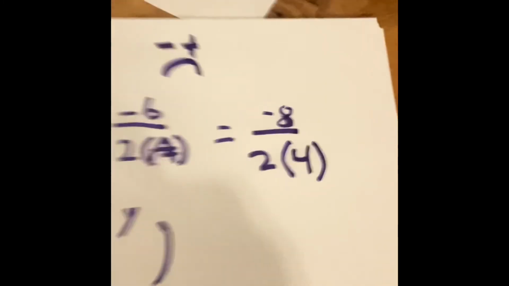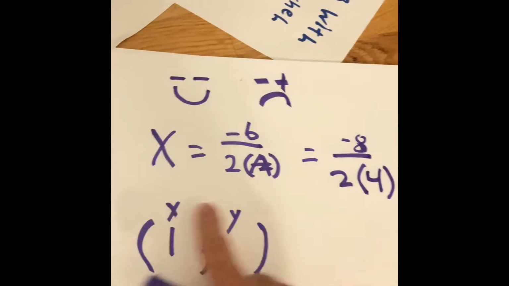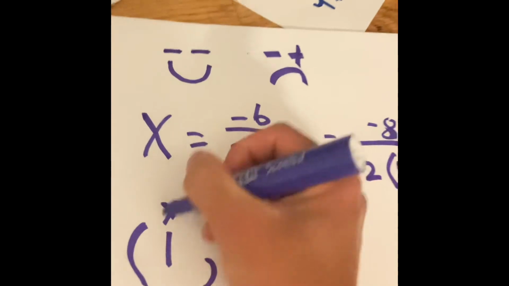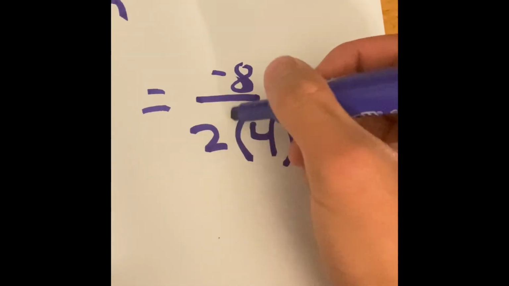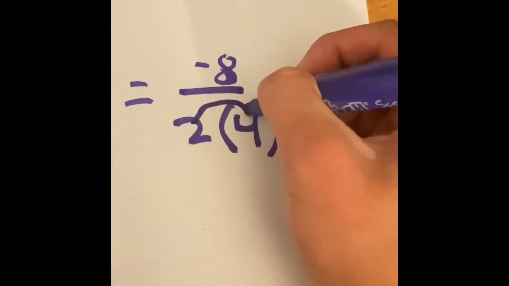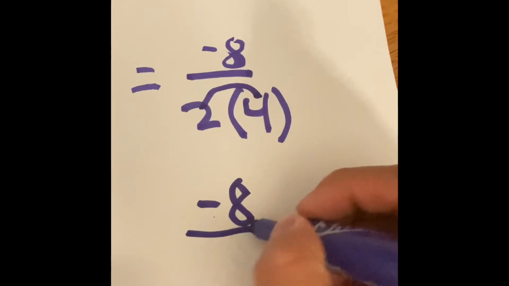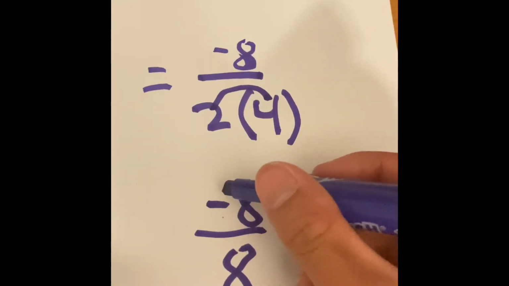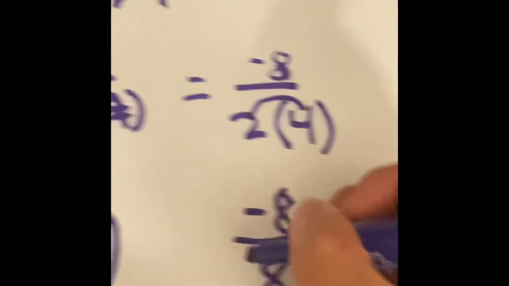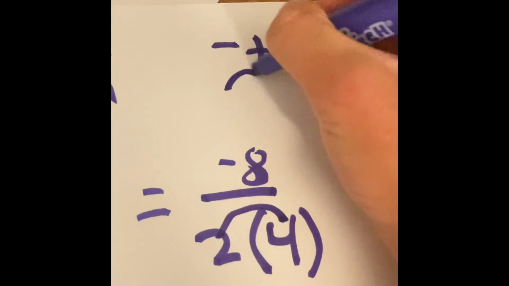So bam! For this formula, for finding the x value of the vertex, we have to do the math now, following the order of operations. 2 multiplied by 4 is 8. So negative 8 divided by 8. A negative divided by a positive will become a negative.